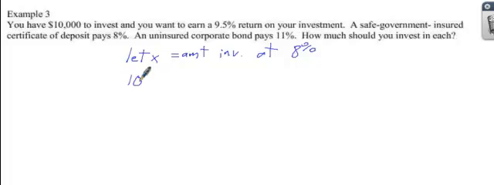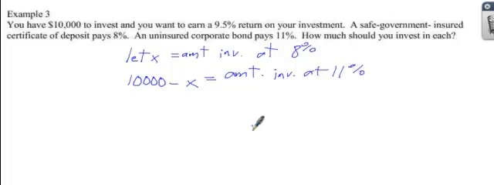So I have $10,000 total, and X of that was invested at 8%, so it's gone. So $10,000 take away X, and that's how much I have left to invest at the higher but less safe amount. So that's the amount invested at 11%. Okay?